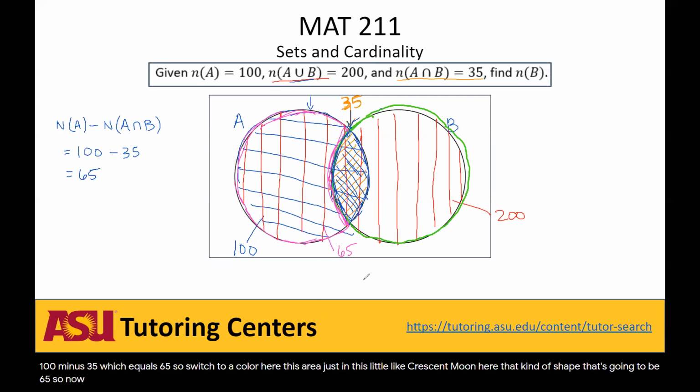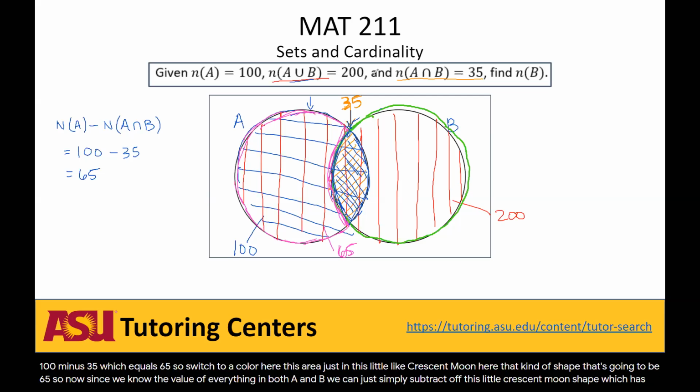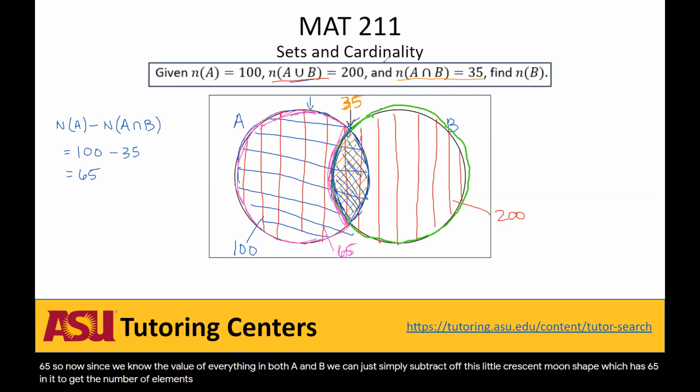So now, since we know the value of everything in both A and B, we can simply subtract off this little crescent moon shape, which has 65 in it, to get the number of elements in just B. So let's do that. That would be n of A union B minus this whole thing here.